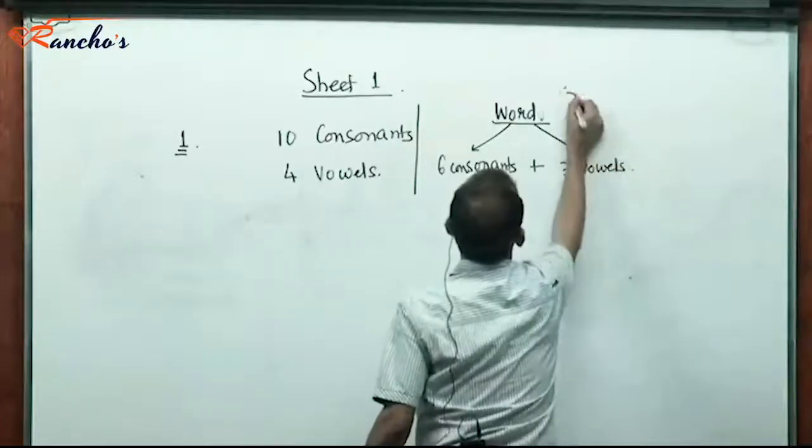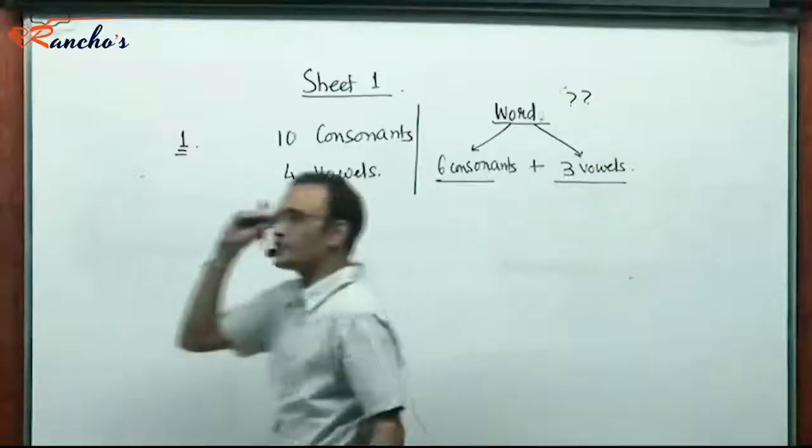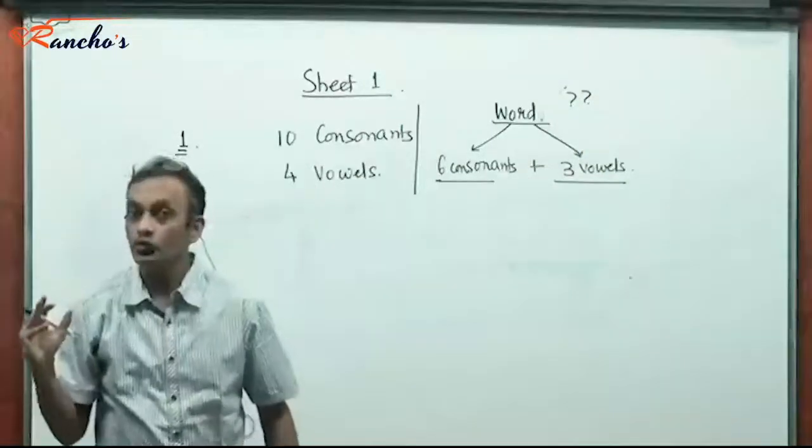The question then is, how many words with 6 consonants and 3 vowels could be constructed out of these, right?